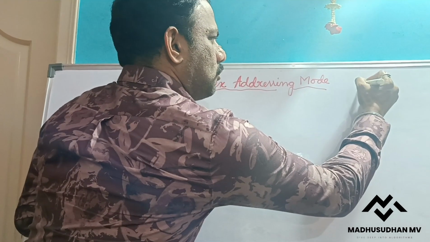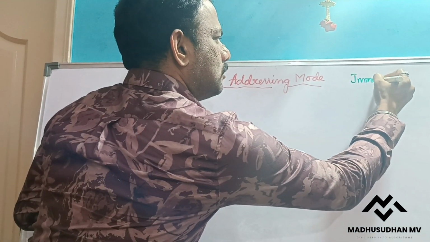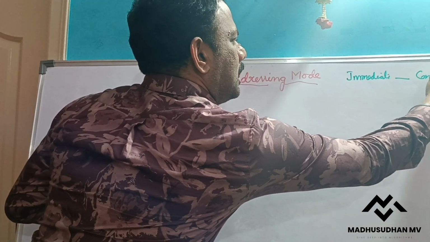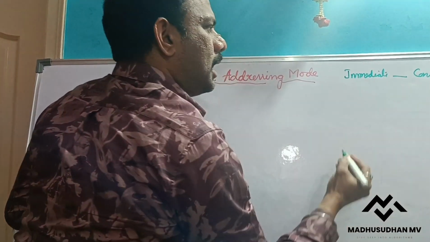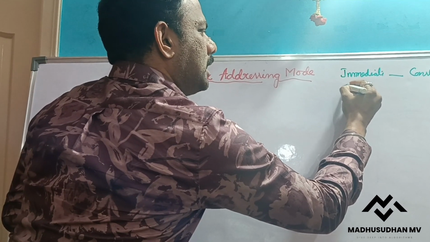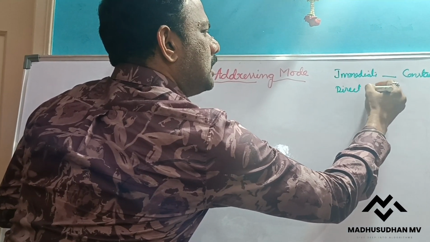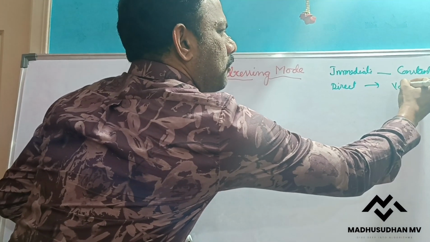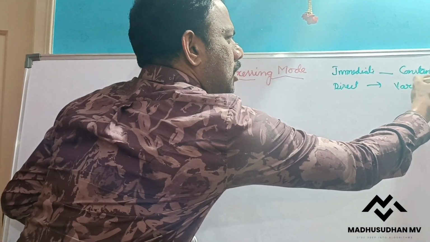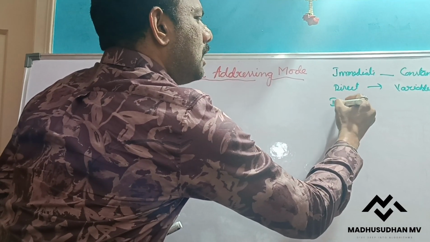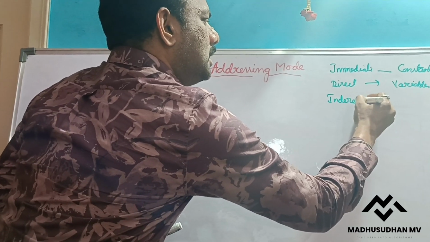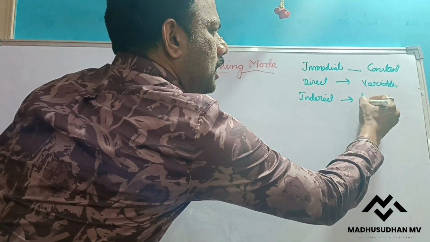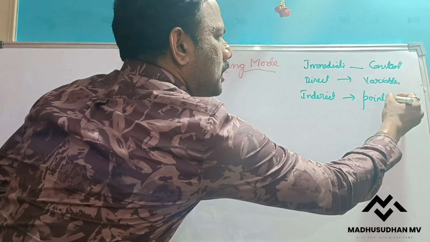We discussed immediate addressing mode, which is suitable when we are dealing with constants. Then we discussed direct addressing mode, which we use whenever we are dealing with normal variables. And we discussed indirect addressing mode, which is very much suitable whenever we are dealing with pointer variables.